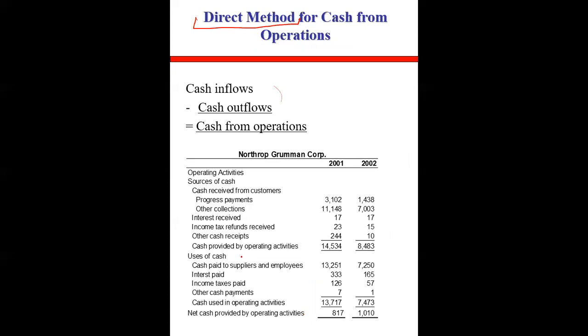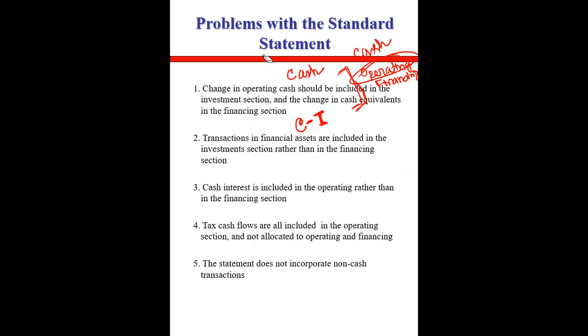So what do you think? Which will be good if we allocate the cash used for operating purpose in the investment section and the cash used for purchasing financial asset in the financing section?